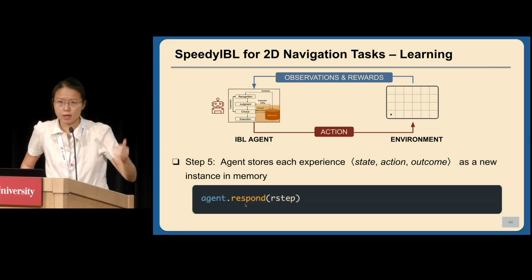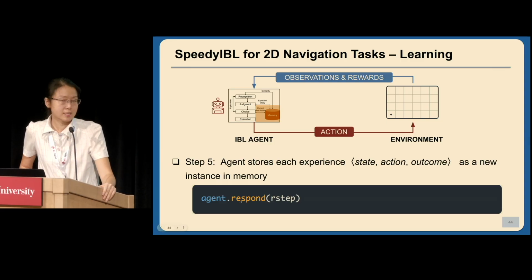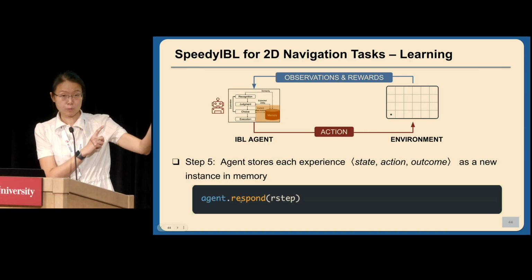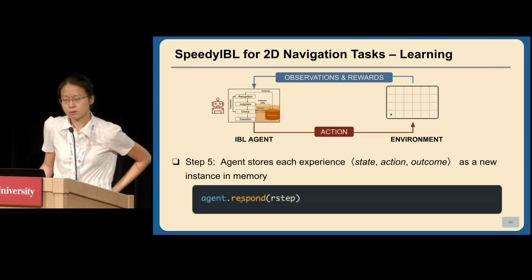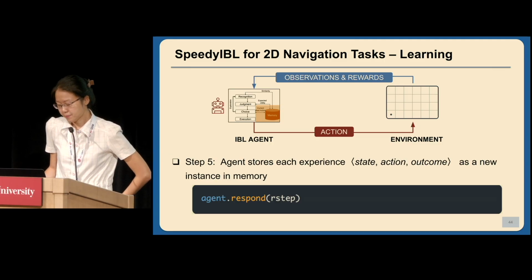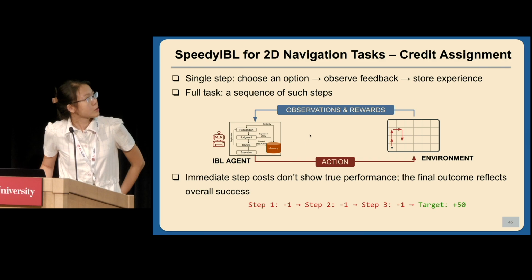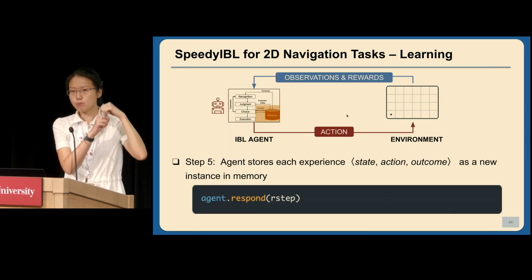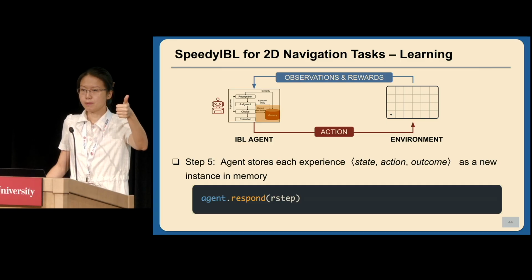Of course, it is going to help them make better decisions next time. So that's the idea. The agent takes action with agent.choose, then observes, and then records that experience through agent.respond. So this is just one step. For example, move up, I observe, I record it, just one step.